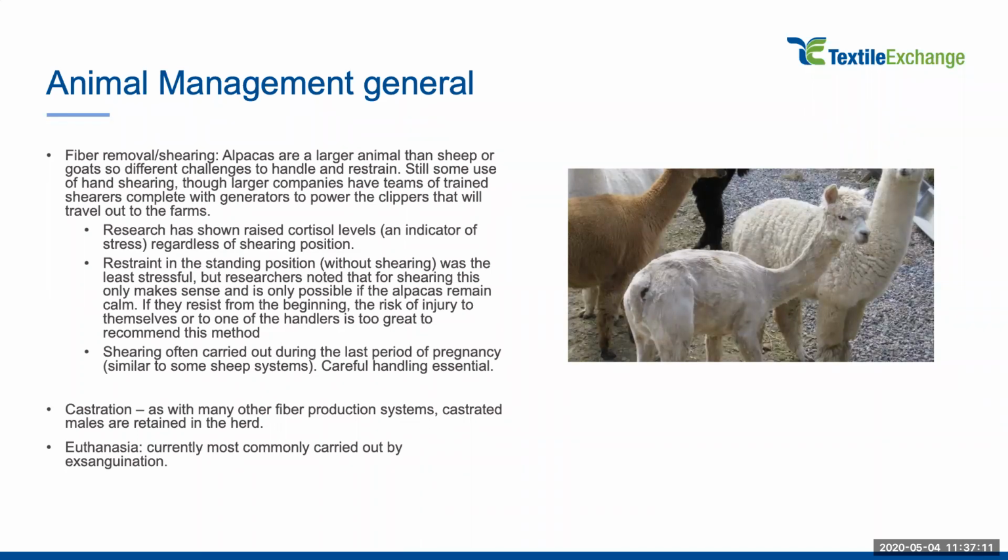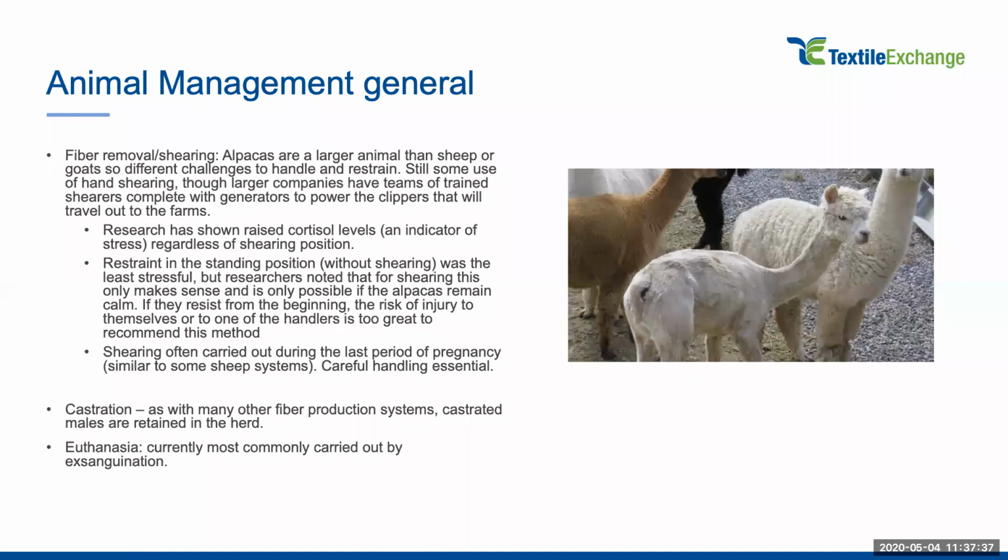When you have very small numbers of alpacas, where I am in the UK, there are people with very small numbers of alpacas, and the alpacas are more like pets than a commercial animal, and are used to being haltered and handled a lot. If you've got that kind of situation, you might be able to shear it standing up.